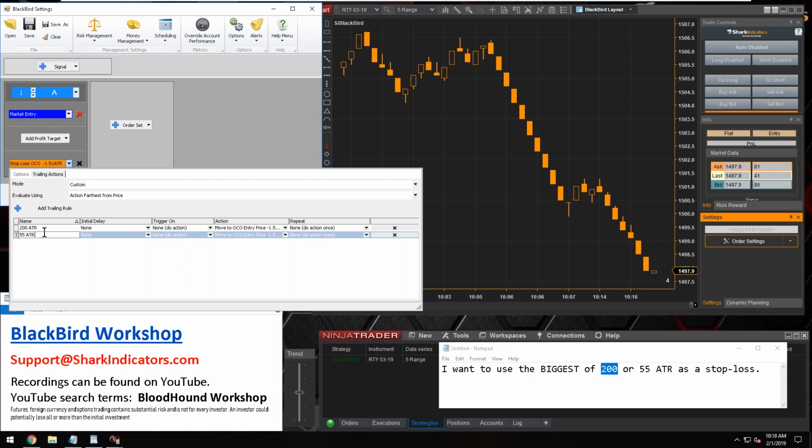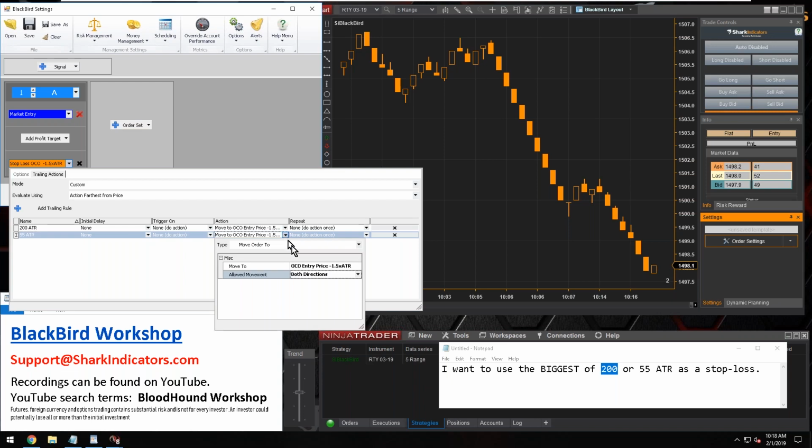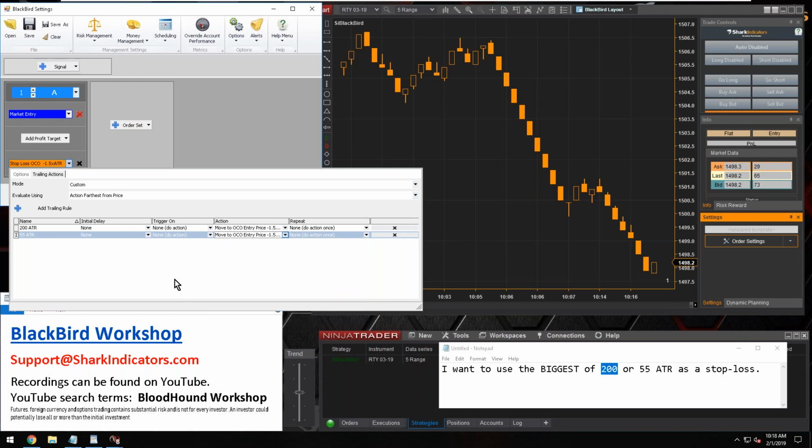All right, so there's one other thing that we need to disable to allow stop losses to go backwards, right? So the first thing that we had to do is remember the allow movement. So we had to set the allow movement to both directions or use against direction only. So in the action, we had to change that allow movement. But then also in risk management, since you are deliberately wanting to use your stop loss in its non-traditional way, you're modifying your risk.